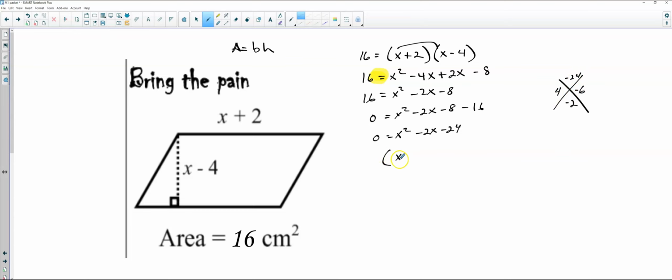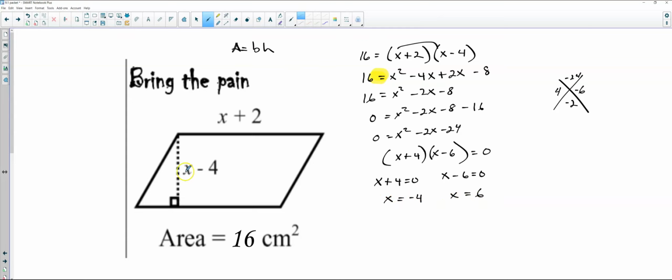Then we have x plus 4, x minus 6. Remember this equals 0, so you solve for each one. x plus 4 equals 0, x minus 6 equals 0. So either x is negative 4 or x is positive 6.